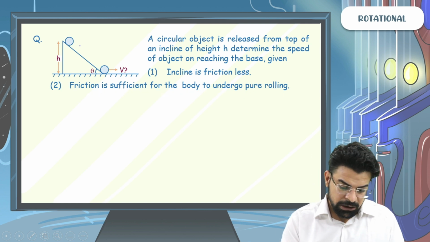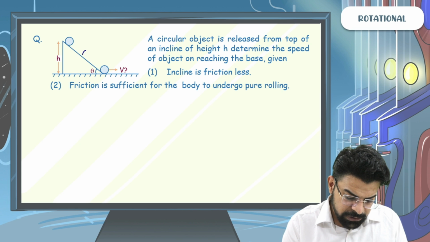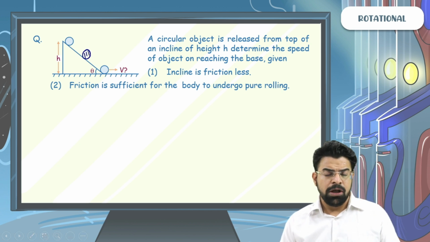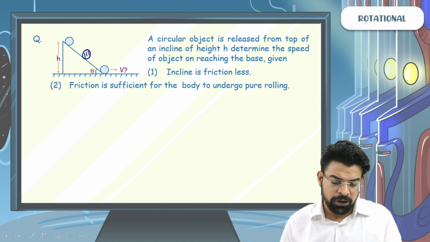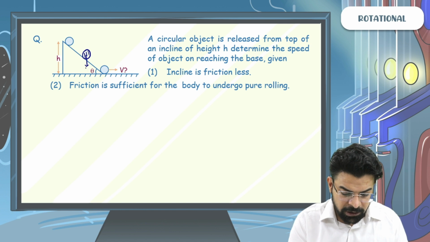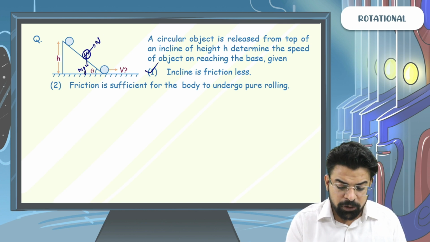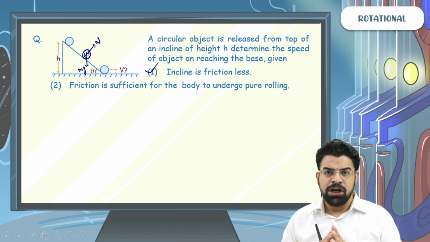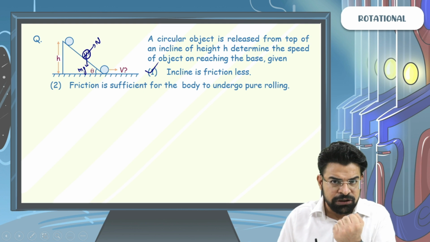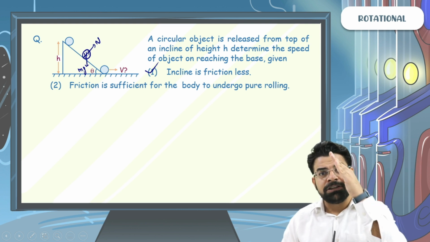If you think of the first case, when the surface is frictionless, which forces will be acting on this circular body? There will be a force of gravity downward, and there will be a force of normal. The force of gravity passes through the center of mass, and the force of normal passes through the center of mass.